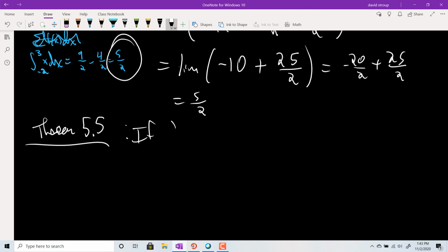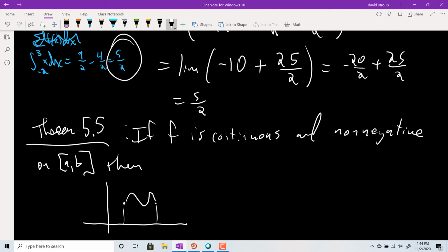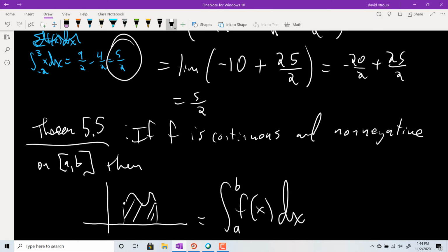Basically, if f is continuous and non-negative on the interval from a to b, then you can use this definite integral to figure out the area. So the area underneath this curve, so long as it's continuous, is just equal to the definite integral from a to b of f of x dx. Okay, so the area is equal to that.